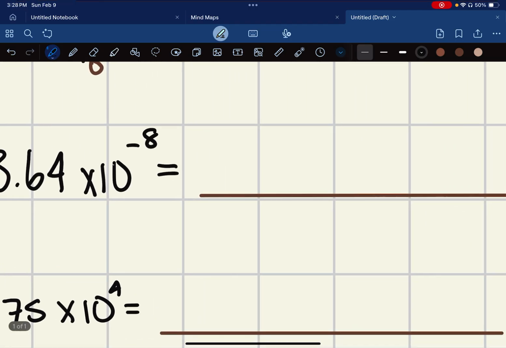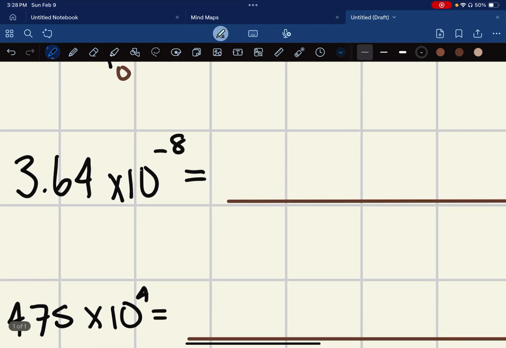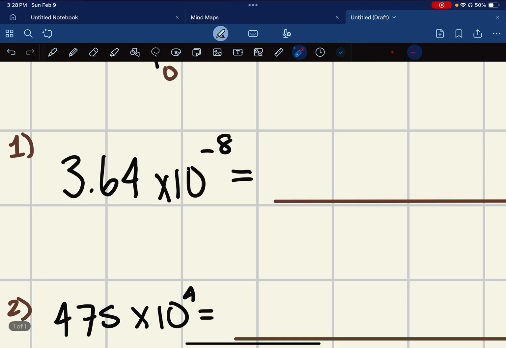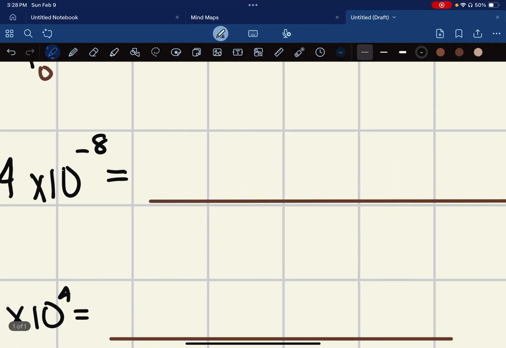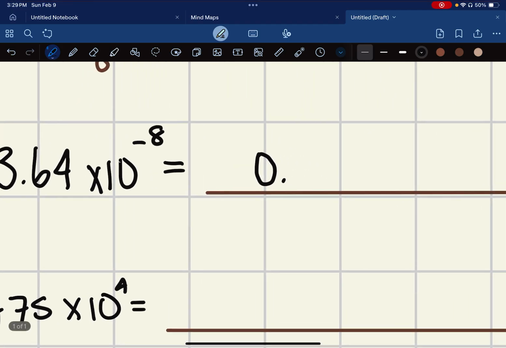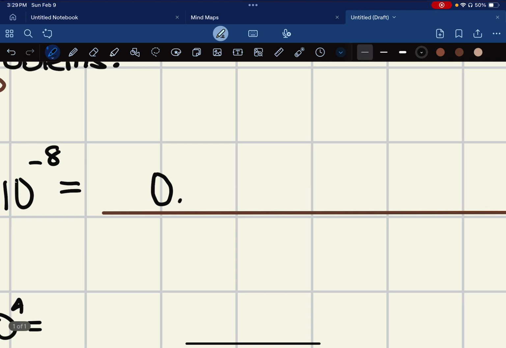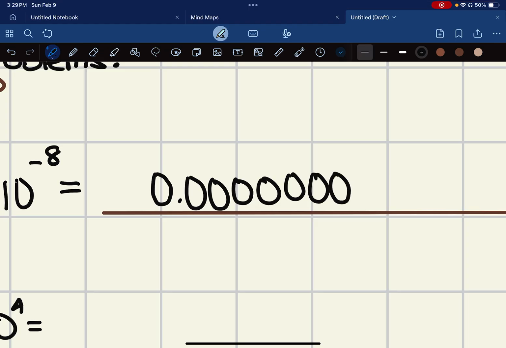So 3.64 times 10 to the negative 8. We're going backwards, so we're going to be going this way. Always start off with a 0. So that's 1. You're already moving the 3 backwards. 1, 2, 3, 4, 5, 6, 7. And then you have that 3.